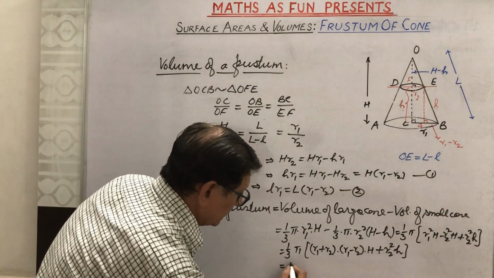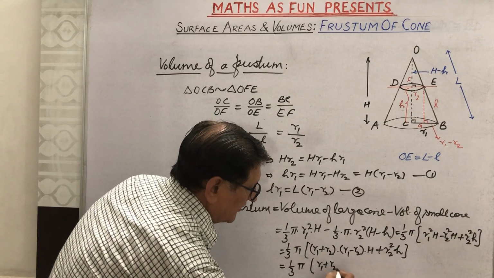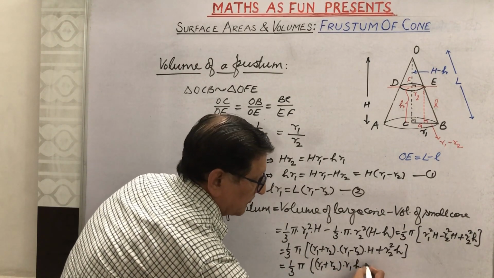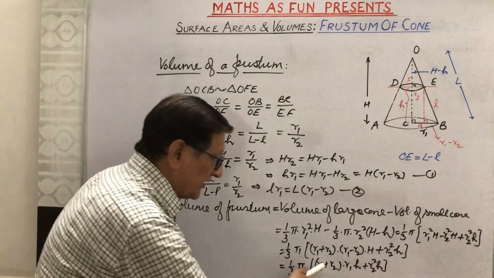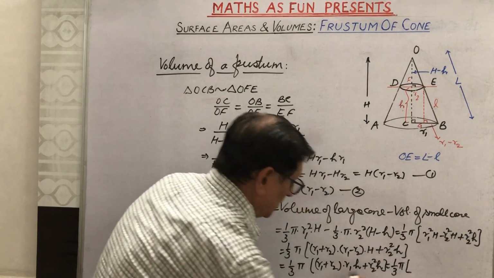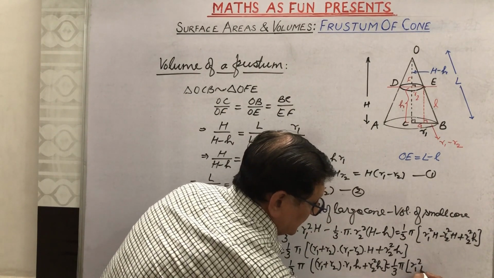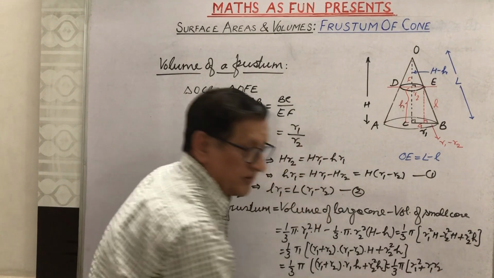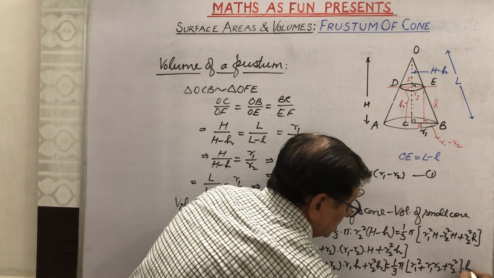So can we get here 1 by 3 pi into R1 plus R2 into R1 into h plus R2 square into h. If we take this h also common, will it give us 1 by 3 pi into R1 into R1, that is R1 square, plus R1 into R2 plus R2 square into h.